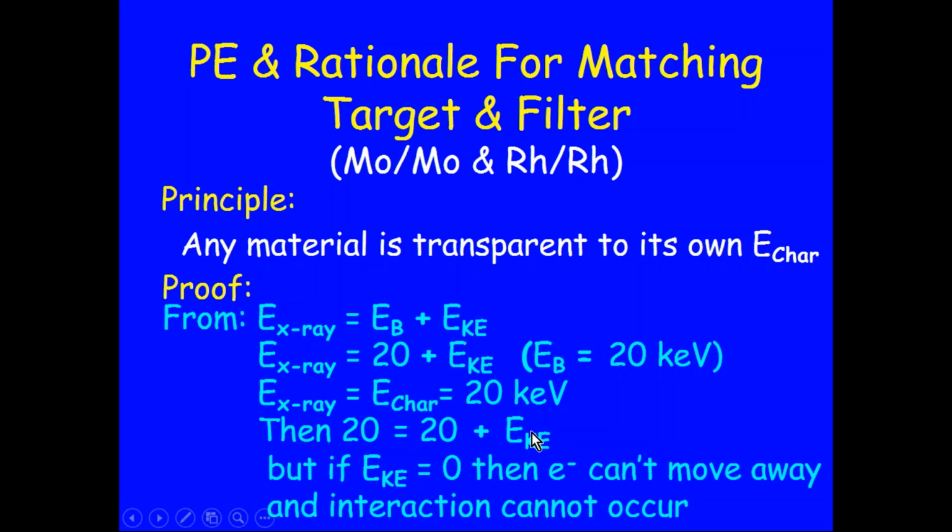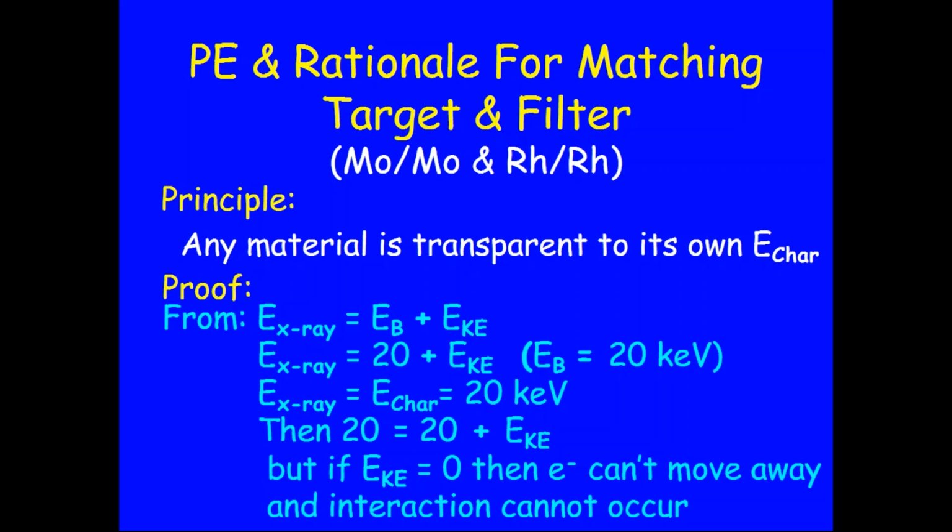And if it can't move away from its orbital position, it's not ionized, which means that this interaction can't occur. The photon goes right through and does not interact with that electron, and cannot produce the ionization, cannot set that electron in motion, so it cannot occur.